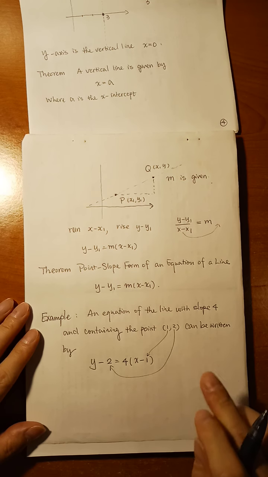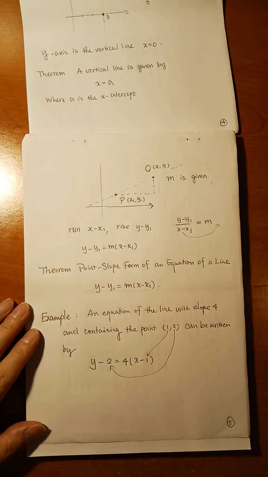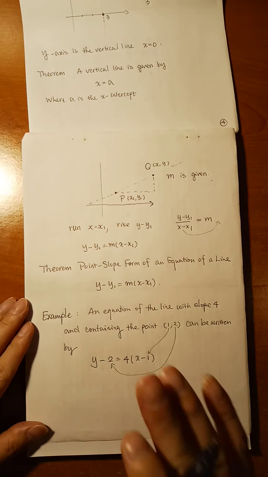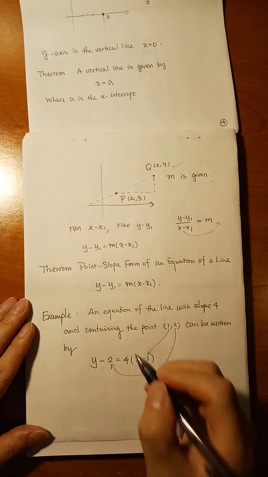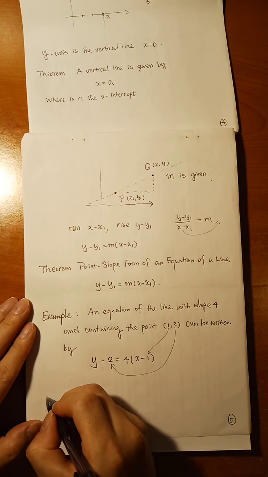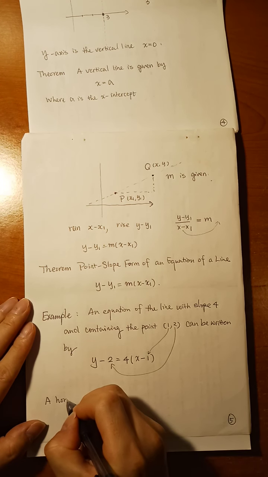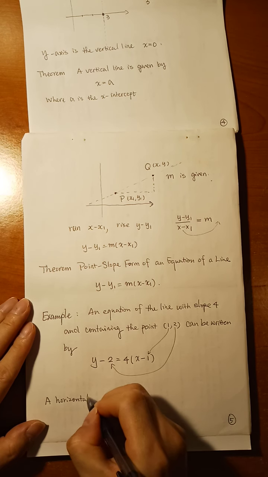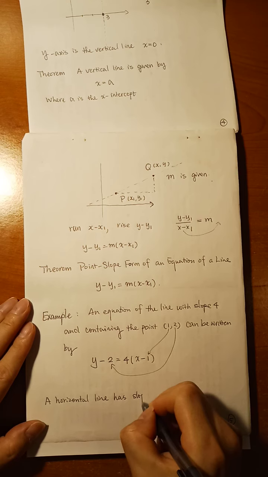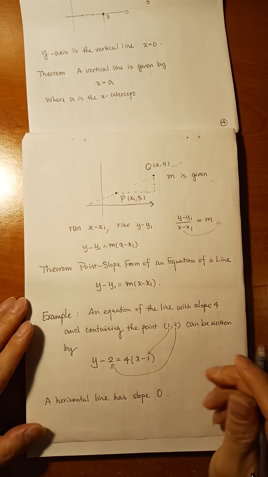And from the point slope form, we can get another special case. So before we state the special case, let's recall. At the beginning, we mentioned a horizontal line has slope 0.